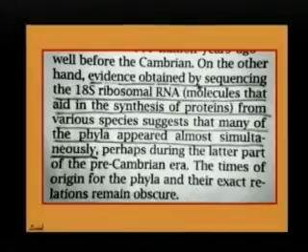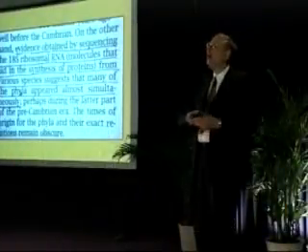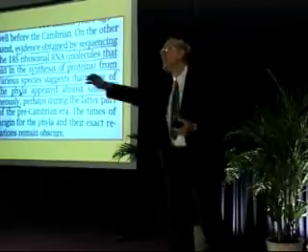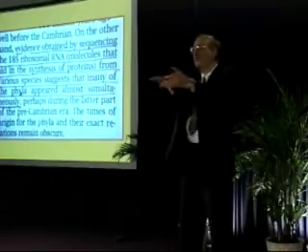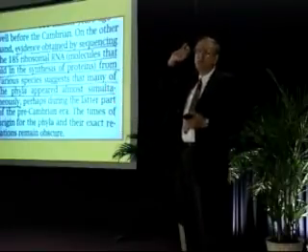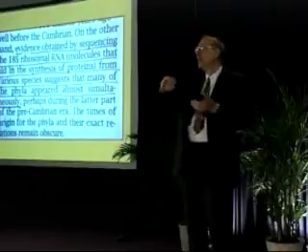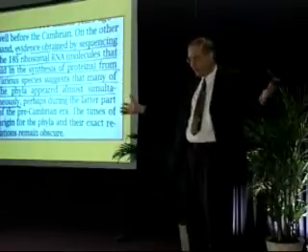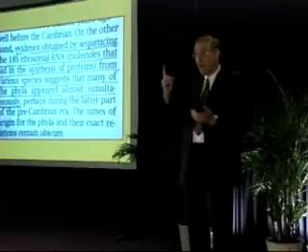It is evidence that was obtained from sequencing 18S ribosomal RNA that suggests that various species and many phyla, now what's a phyla? That's a huge category of animal. For example, all the snails, all the slugs, all the marine mollusks, all the squids and the octopuses, and all of that constitutes one phylum.